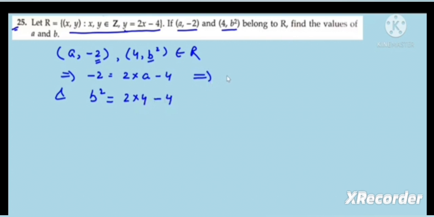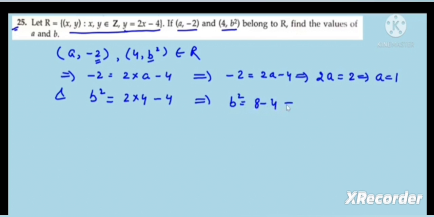So from these two we have to find the values of a and b. So a is coming to 1, and b square is coming to 8 minus 4, that is 4, so b is equal to plus minus 2.